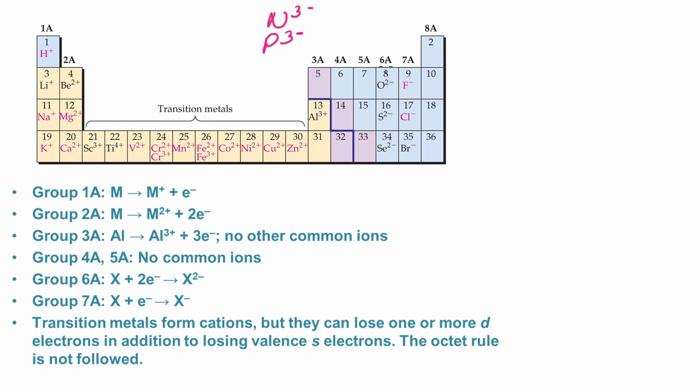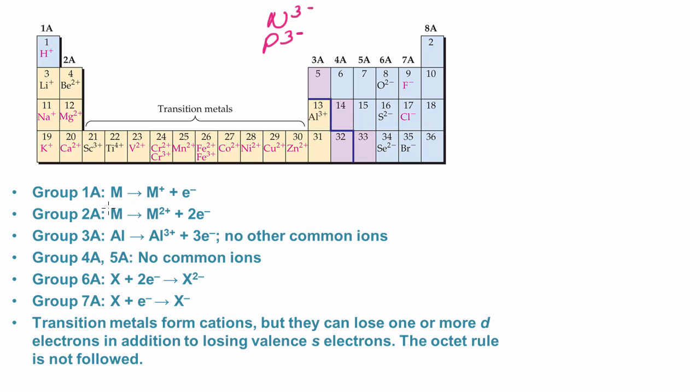In group 6A, the nonmetals, oxygen, sulfur, and so on, they tend to gain 2 electrons to become ions. In group 7A, your halogens, they gain 1 electron to become ions. And group 8A, those are the noble gases. They have 8 electrons, so they're fine. They don't lose or gain electrons.